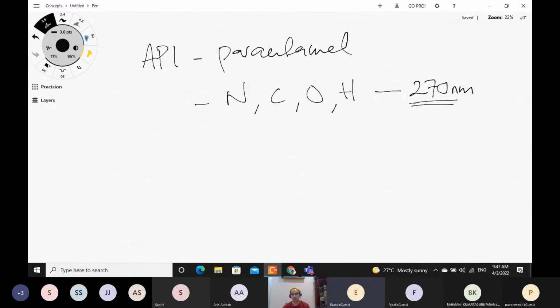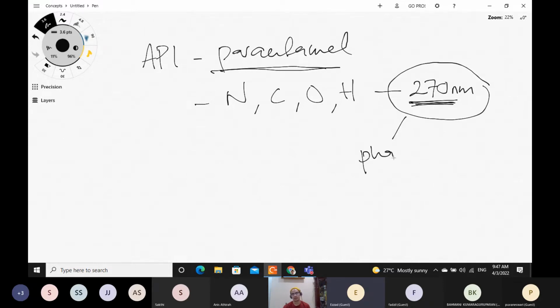So kalau absorption dia paling banyak dekat 270 seperti yang dah tertera dalam pharmacopoeia, so that means kita boleh buat conclusion lah, tablet yang kita test itu adalah paracetamol, because the wavelength yang dia serap paling banyak adalah 270 nanometer, sama macam yang ada dalam pharmacopoeia. Okay, all kita refer back to pharmacopoeia.